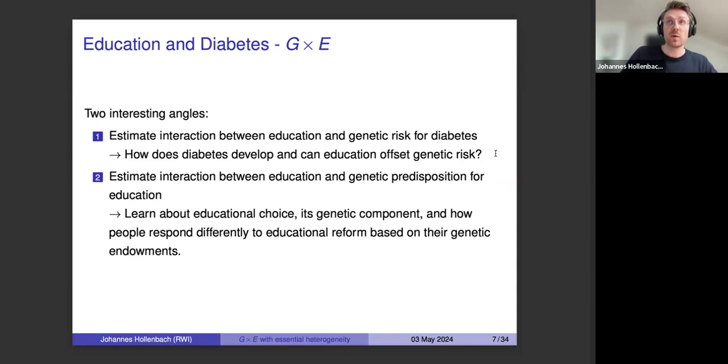So what you need is effect heterogeneity, and you need multiple complier groups. And with the education polygenic score, we have this, and we're also confident that we can contribute something interesting.